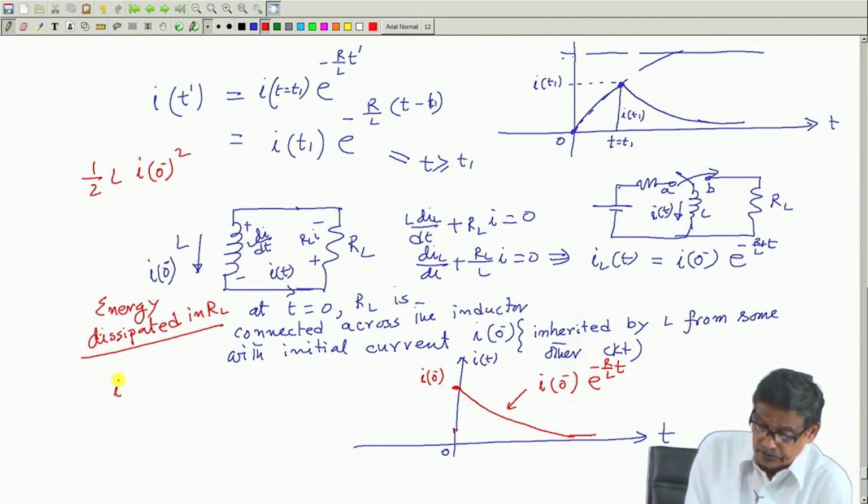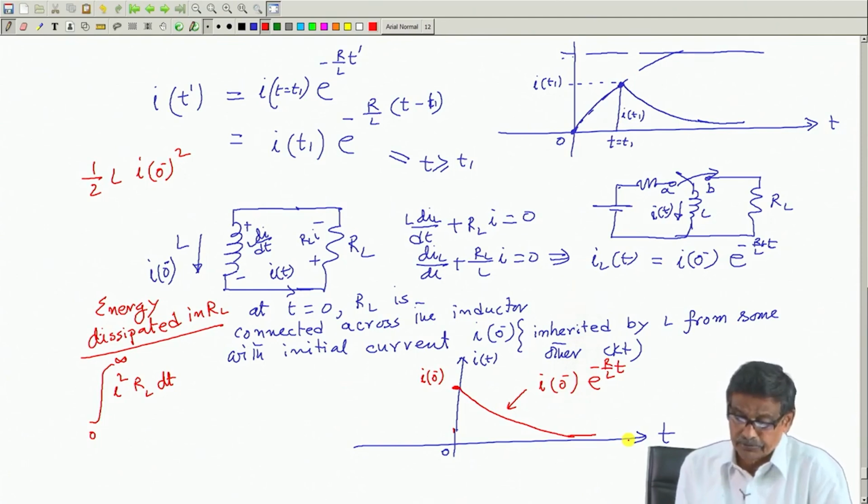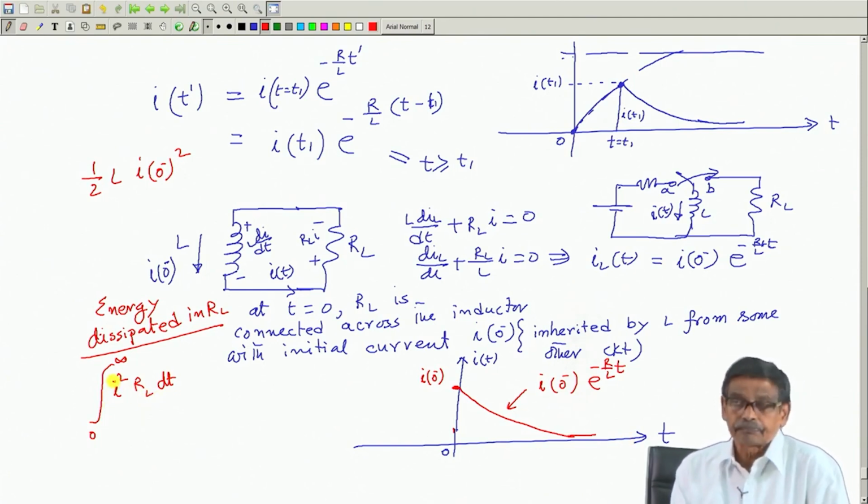I square R_L is the instantaneous power, energy in time dt will be I square R_L dt, and this I have to integrate from 0 to infinity, because mathematically it exists up to infinity, although for all practical purposes current will eventually become 0 after a few time constants, we know. So, energy dissipated will be this one.